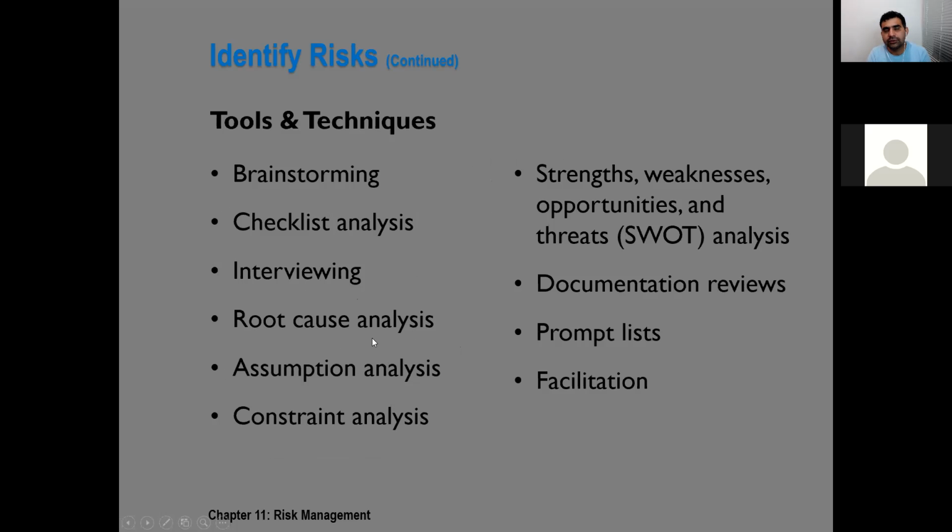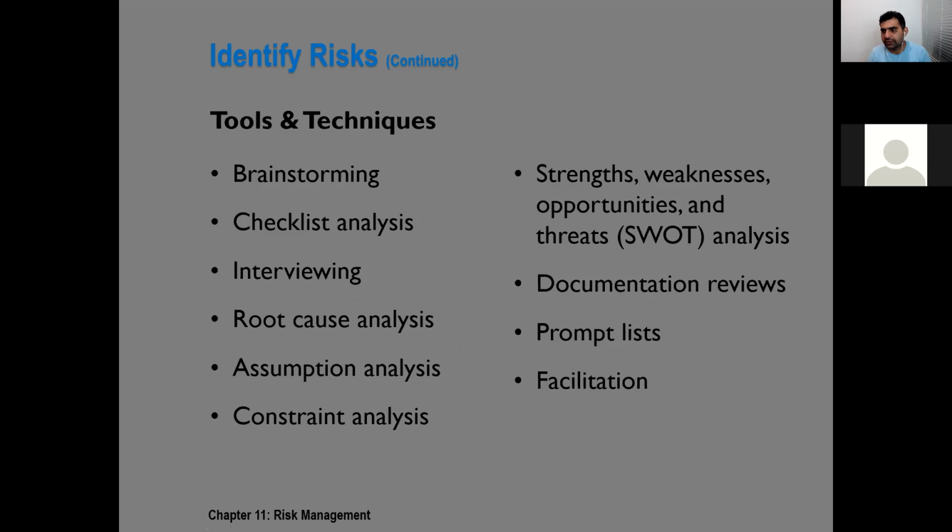The purpose of root cause analysis could be, okay, we identified one risk, and we identified its root cause. How can we identify other risks whose root cause is the same?